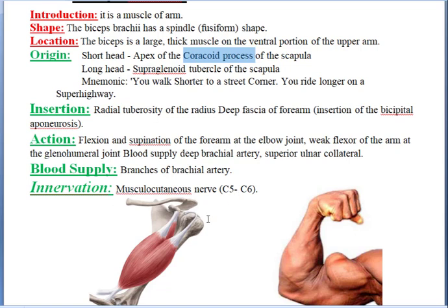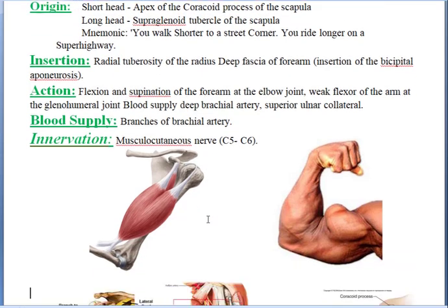The biceps brachii inserts into the radial tuberosity of the radius bone, the deep fascia of the forearm, and the bicipital aponeurosis. So here is the insertion point. It inserts into the radial tuberosity of the radius bone.